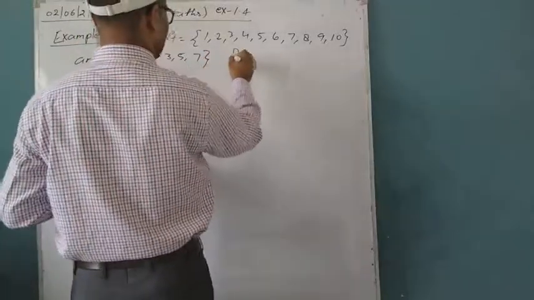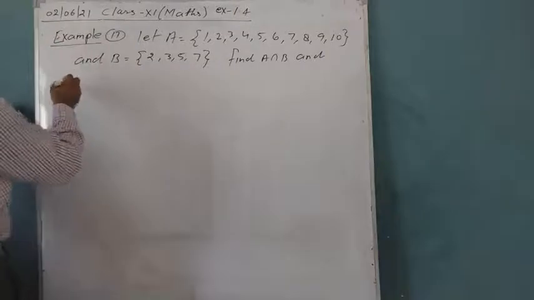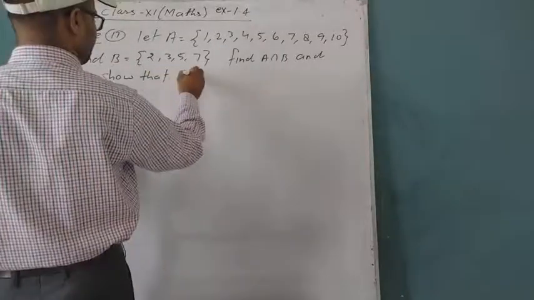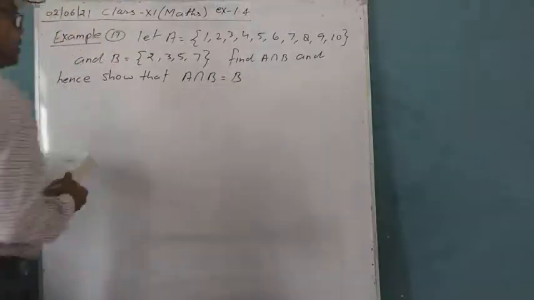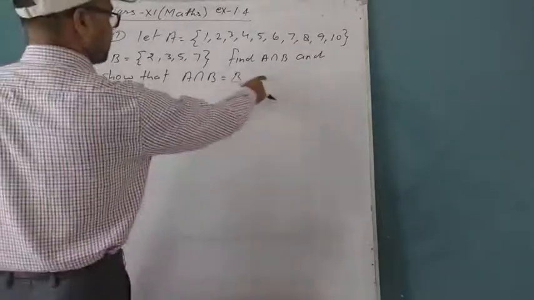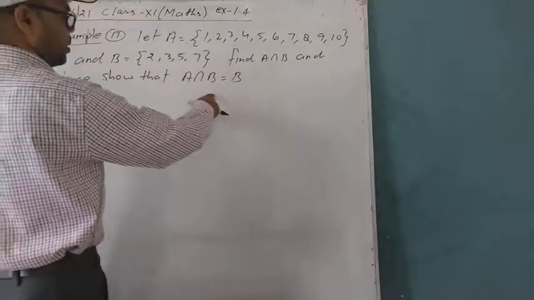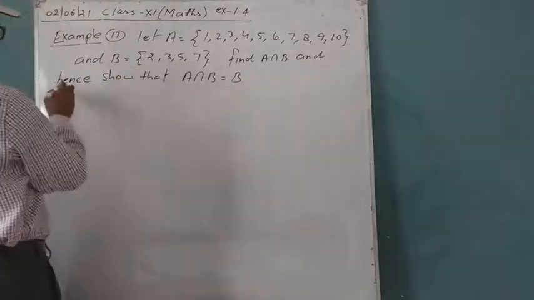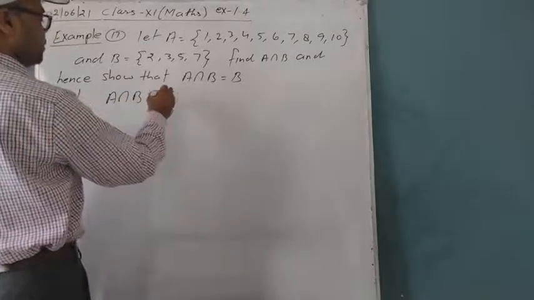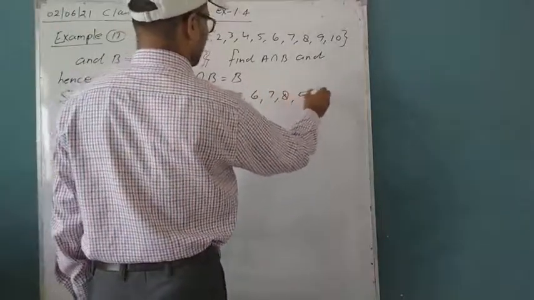Find A intersection B, and hence show that A intersection B is equal to B. It means when you find A intersection B, you can observe the set of A intersection B is the same as B. First of all we will write set A: 1, 2, 3, 4, 5, 6, 7, 8, 9, 10.